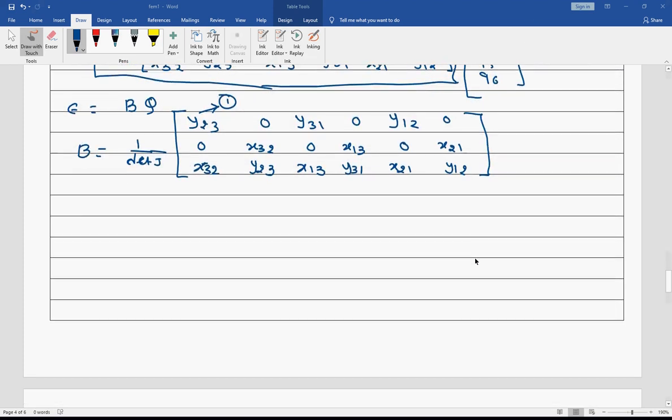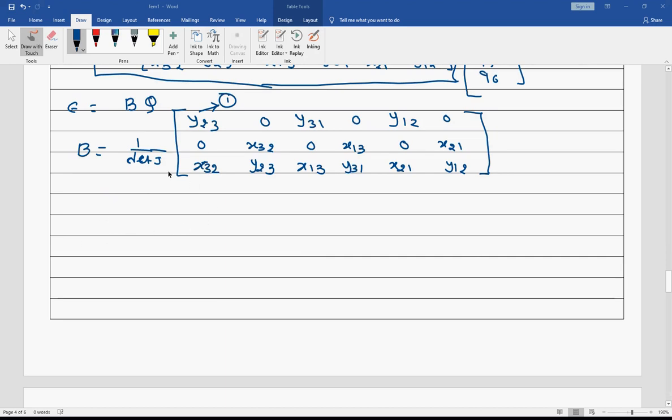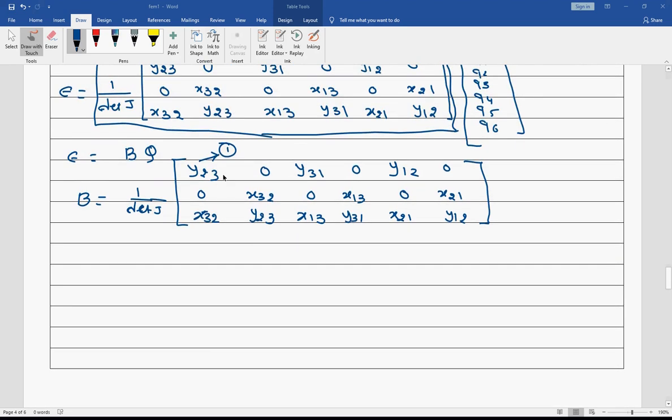Okay, so now I just put a problem in front of you. Now this B, if you see, I just write out B is a function of coordinates only.